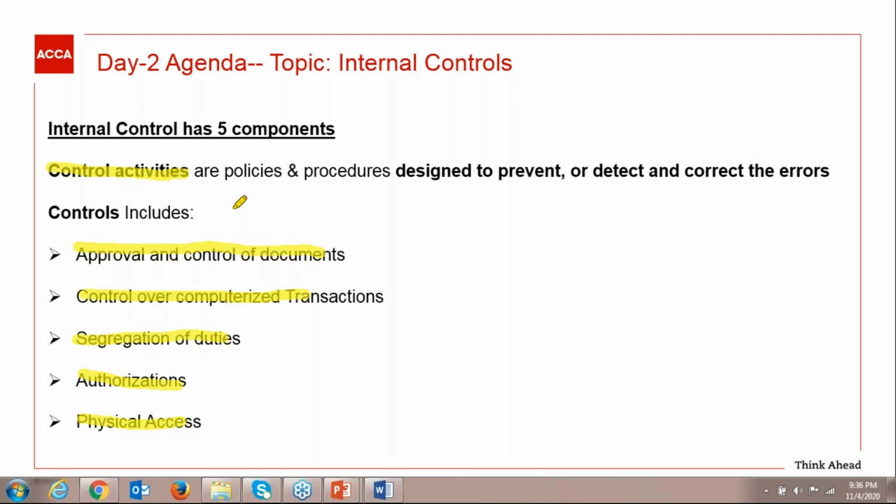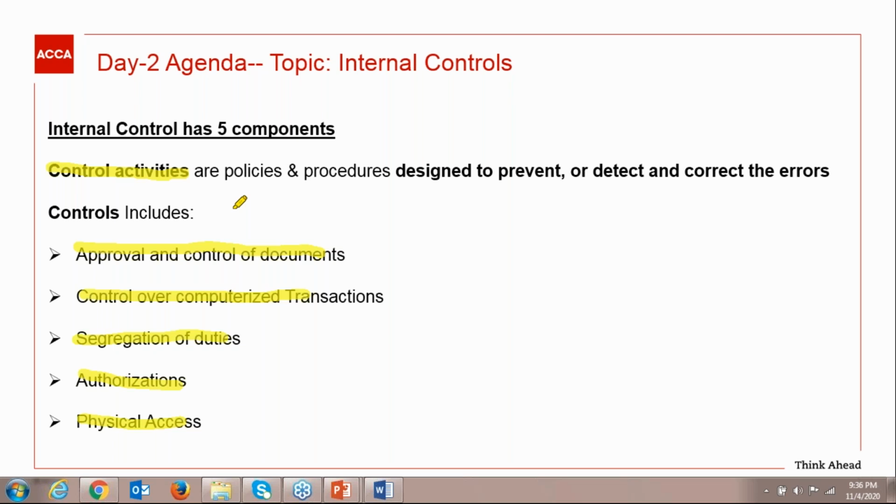What was the objective behind the internal control related to the security guard placed at the gate? The control objective was to prevent unauthorized access.